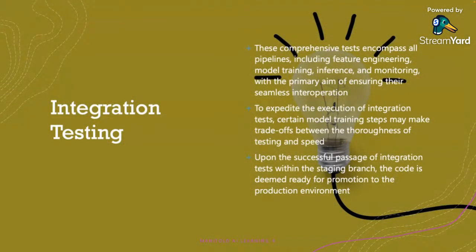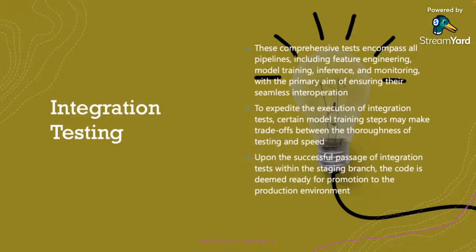In the integration testing phase under the staging environment, we will perform the feature engineering, model training, and inference monitoring, and the overall idea of this integration testing is to ensure seamless interoperation. In order to expedite the execution of the integration test, we'll also perform certain model training steps, which act as a trade-off between thoroughness of testing and speed.